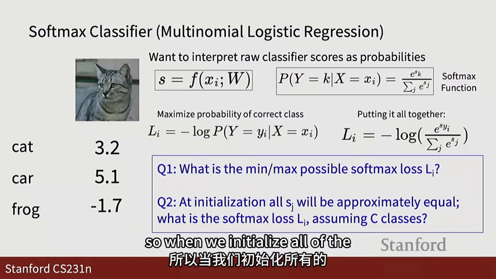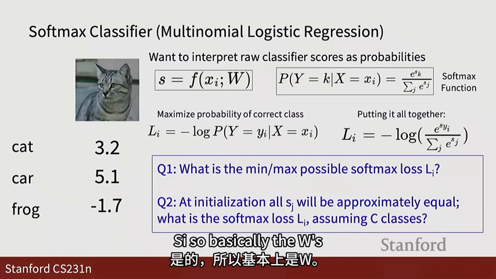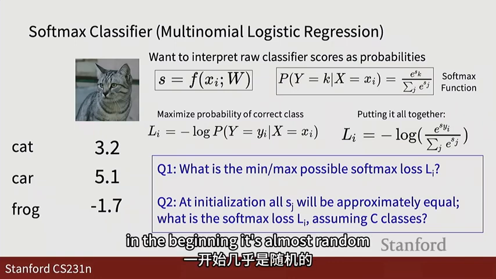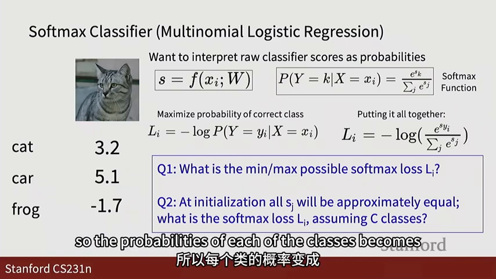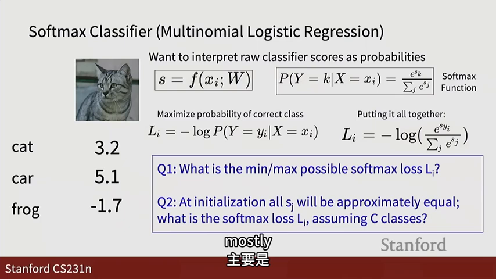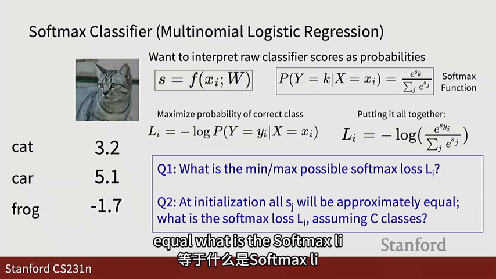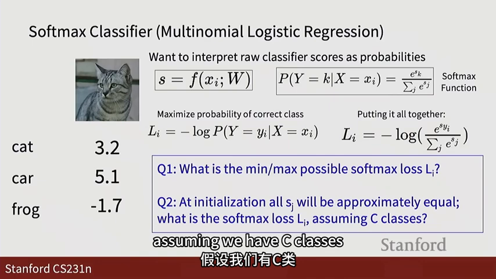When we initialize all of the S_i's, so basically the W's, in the beginning it's almost random, so the probabilities of each of the classes become mostly equal. What is the softmax Li, assuming we have C classes?